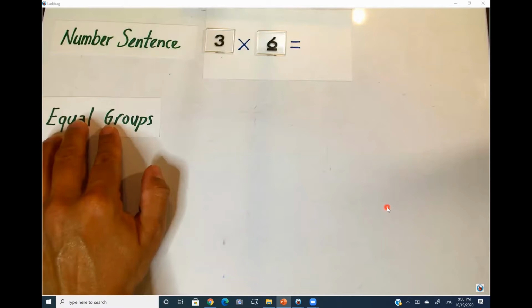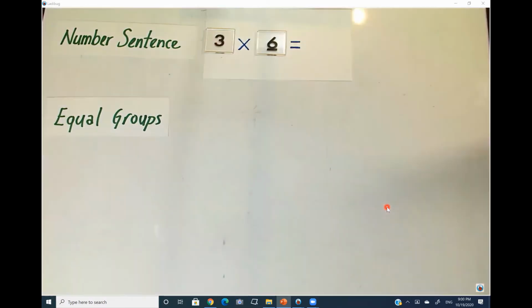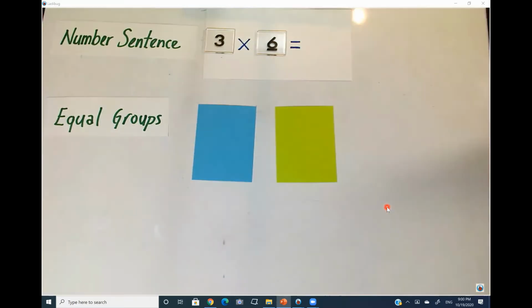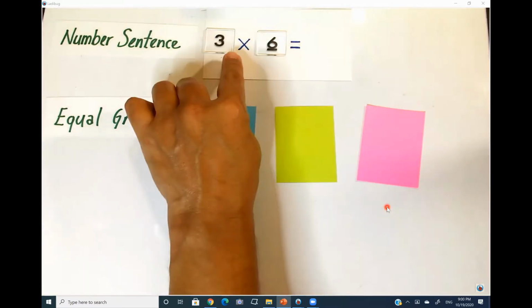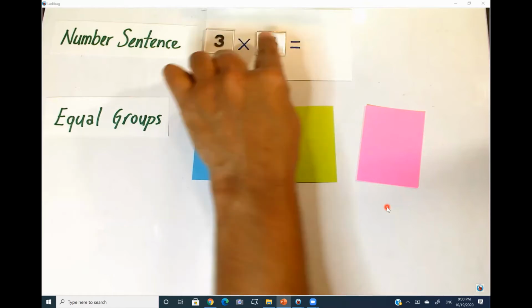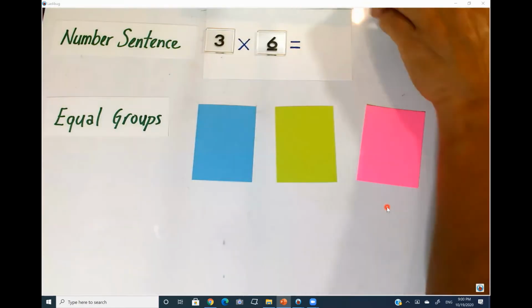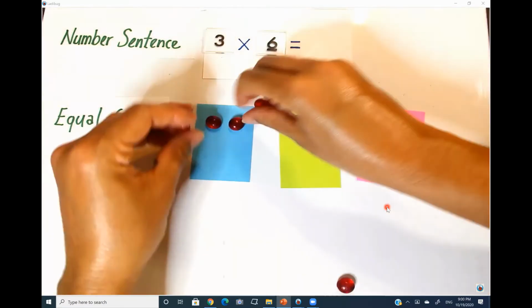Because we're going to make equal groups, we know that the 3 means the number of groups. So this is going to be group number 1, group number 2, and group number 3. Now, the multiplication tells us that each group has 6 objects. So group number 1 is going to have 6 objects.